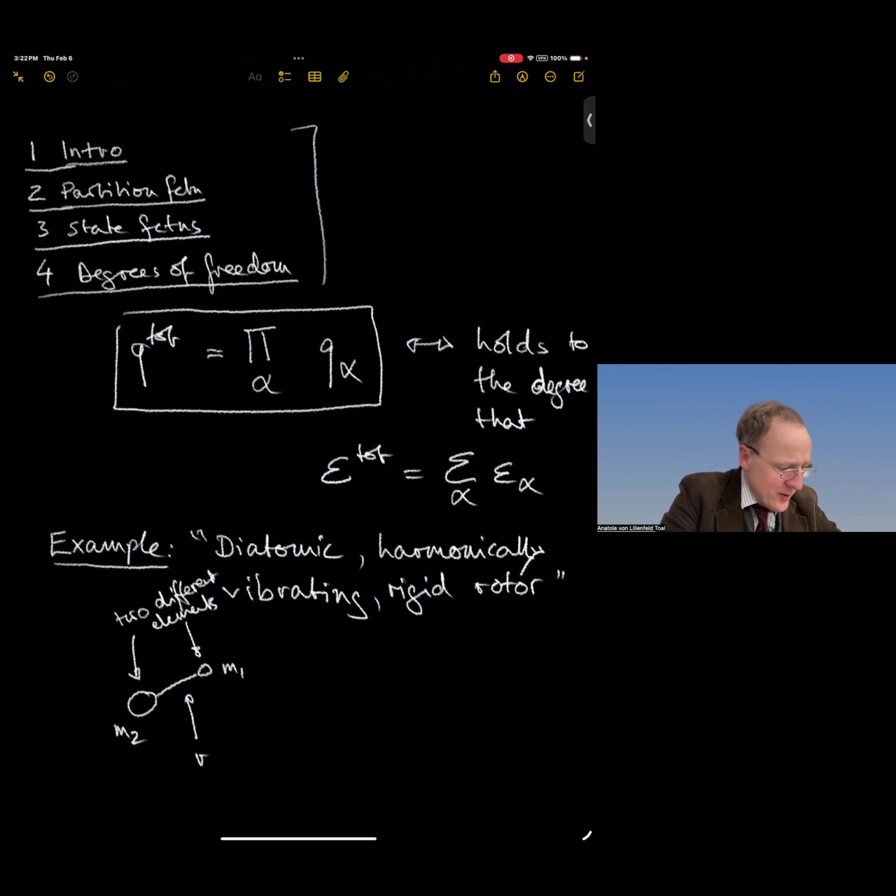Now, it's a bit weird. We are saying it's vibrating and it is rigid. What this basically means is that there's no rovibrational coupling, right?